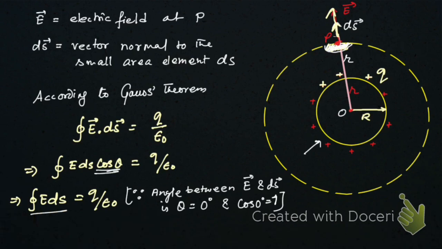This cos theta becomes 1. From the diagram it is very clear that this E vector and ds vector are in the same direction along the same line, so the angle must be 0.